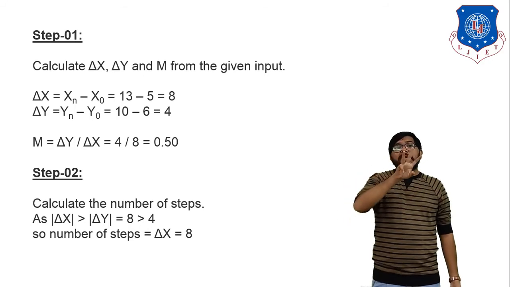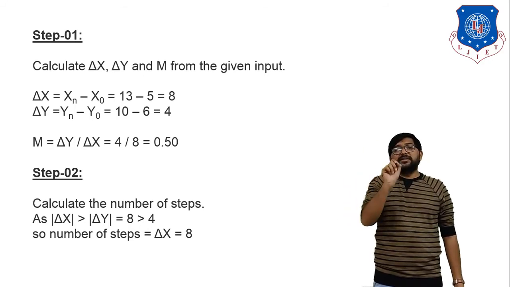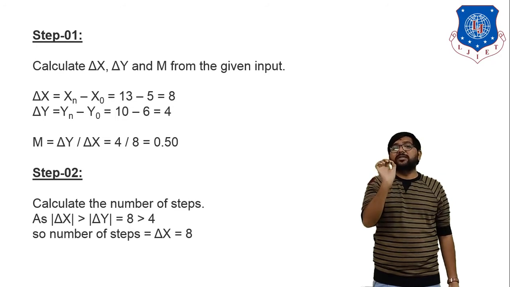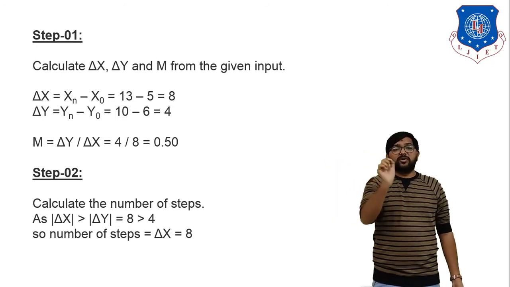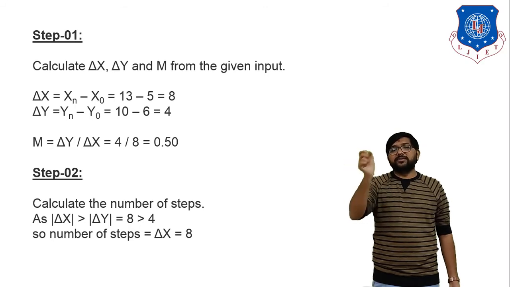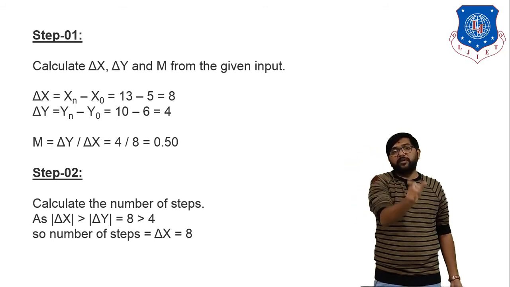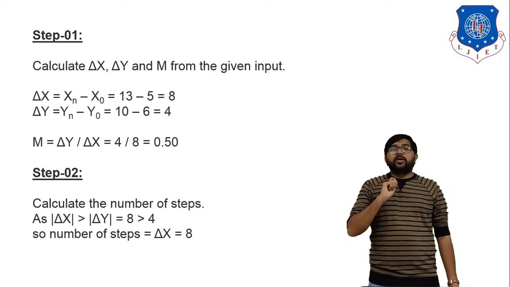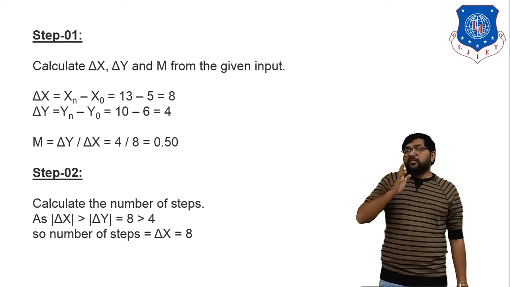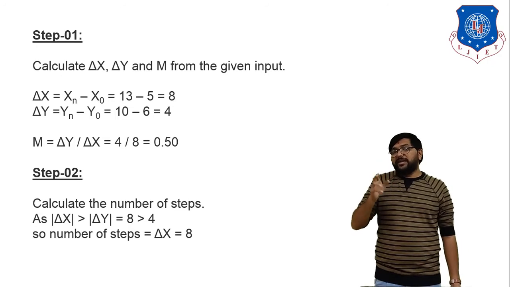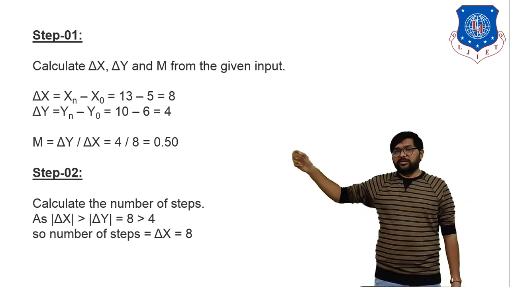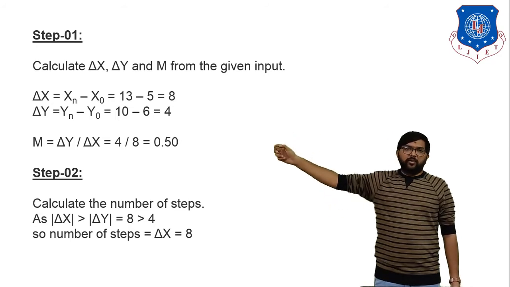That means out of 3 cases, which case do we have to follow? That is case number 1, because case number 1 is m less than 1, and the value of m is 0.5. So we have to follow case number 1 to solve this numerical. Now step number 2. In case number 1, m less than 1, we need to give increment in the x direction by 1 unit continuously up to the endpoint coordinates.